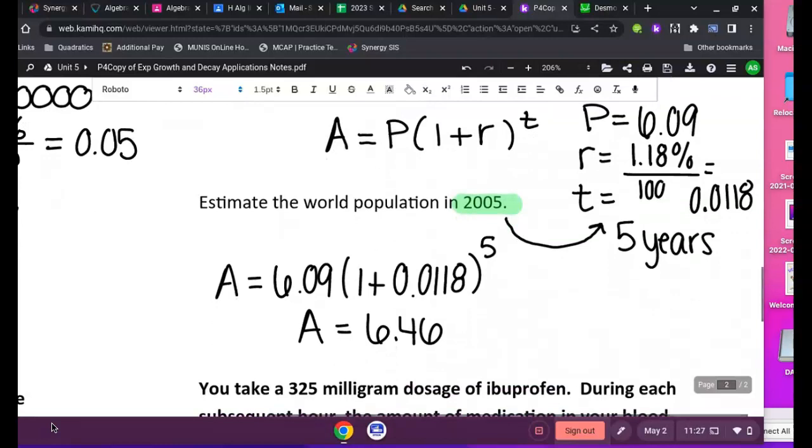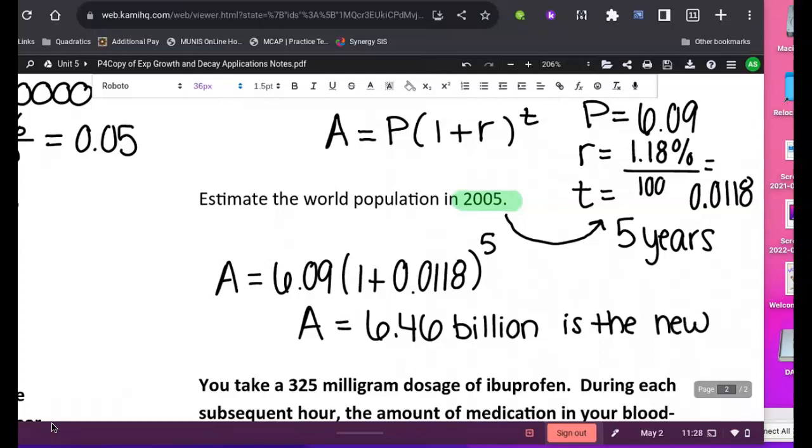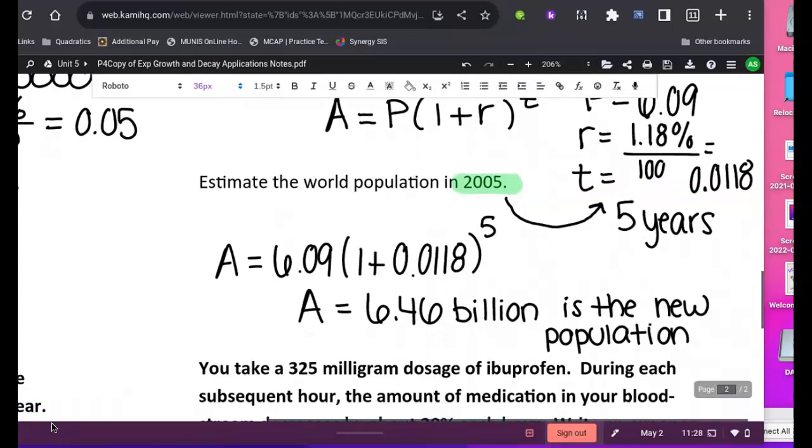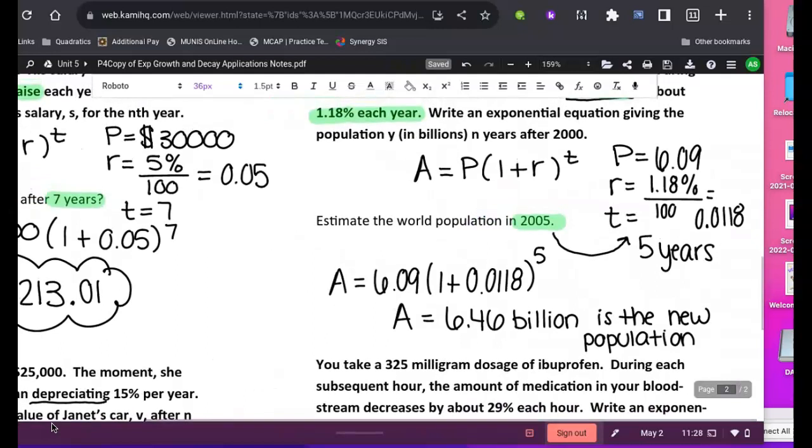And we're talking about population, so this is 6.46 billion is the new population. So we're talking about 6.46 billion people is the population in 2005, or the estimated population in 2005.